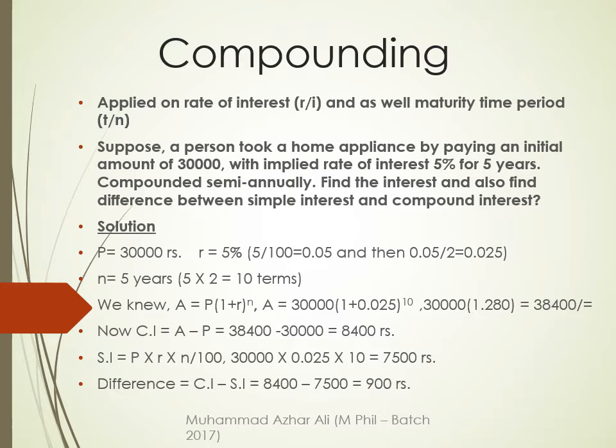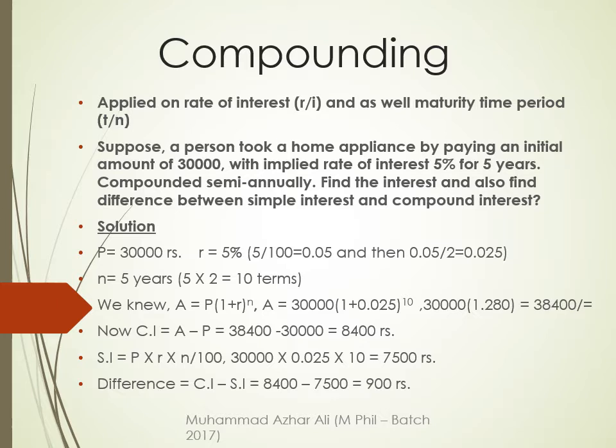So our amount after 5 years will be 38,400. Now compound interest is equal to amount minus principal amount, so 38,400 minus 30,000, and our compound interest will be 8,400 rupees.